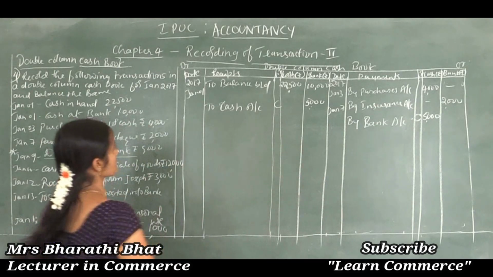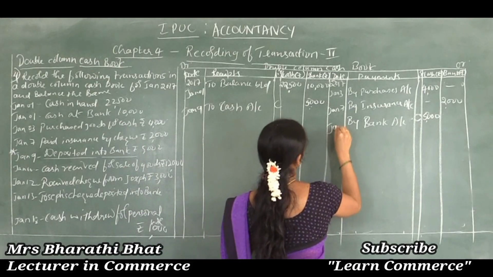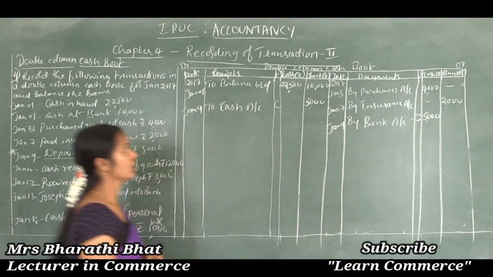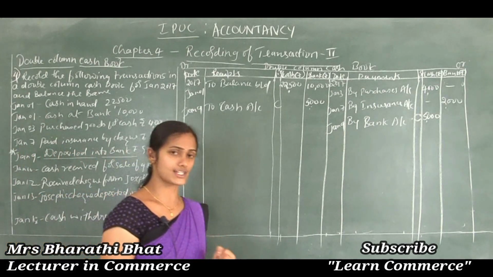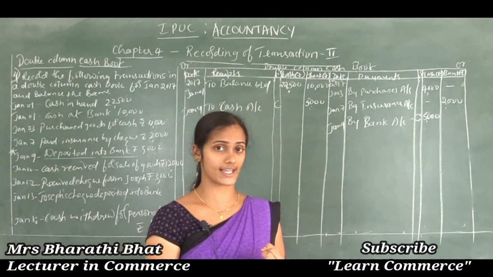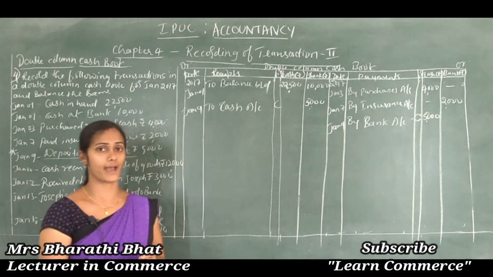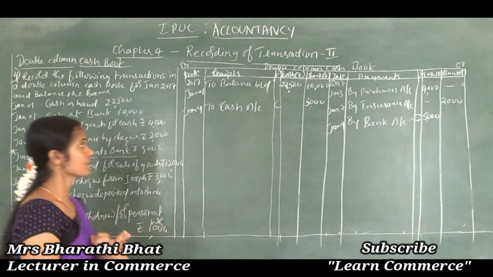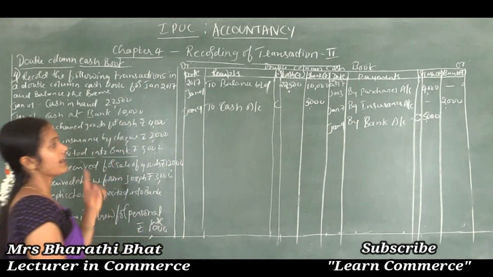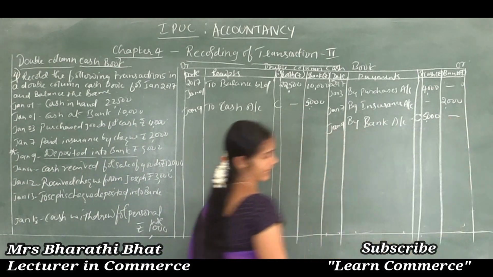And the next step, Jan 9, recording the date. Jan 9. Okay. So cash deposited into bank. The second one, withdrew cash from bank for office use. It is also a contra entry. Okay, so cash account, cash amount in bank column, bank account, bank amount in cash column.